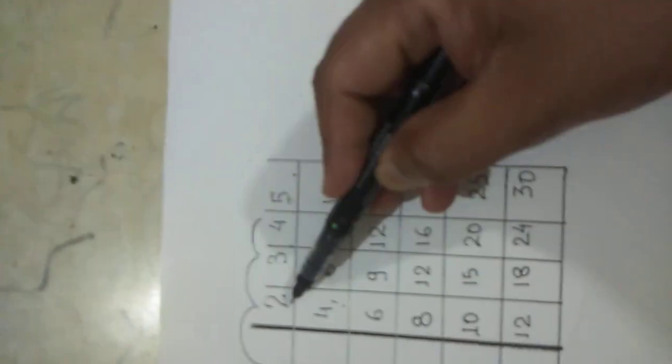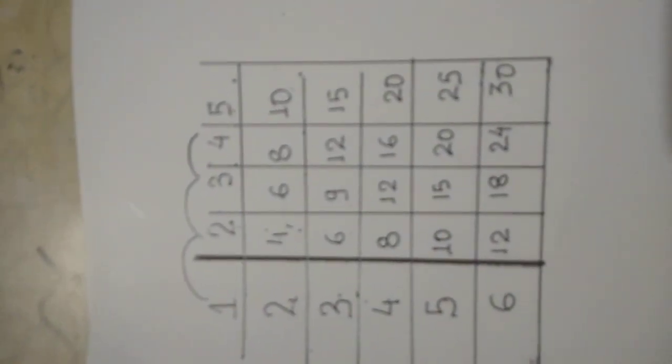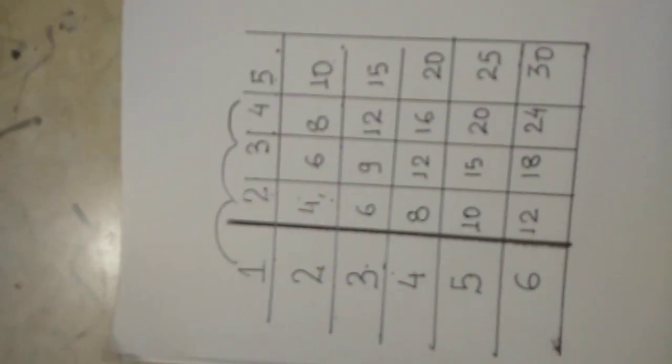1 plus 1, 2 plus 1, 3 plus 1, 4 plus 1. Like this, 2 plus 2, 4 plus 2, 6 plus 2, 8 plus 2. So in vertical or in horizontal, there is a difference of a constant value.